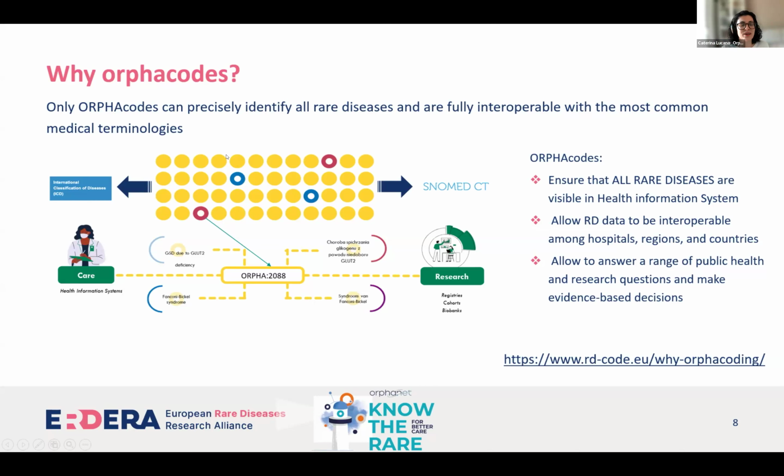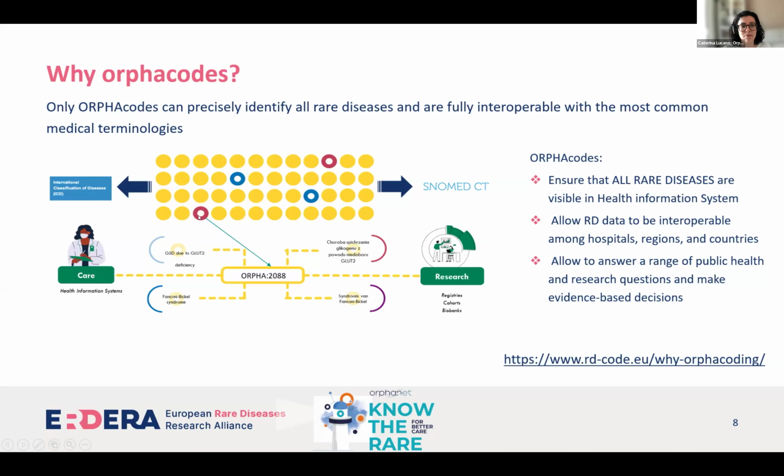So here you have, for example, patients that go to a hospital, and if you code them by using a code that is, for example, in the ICD or in SNOMED, you might miss the rare patients.